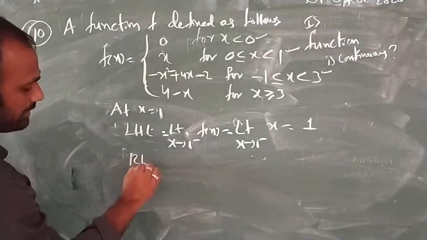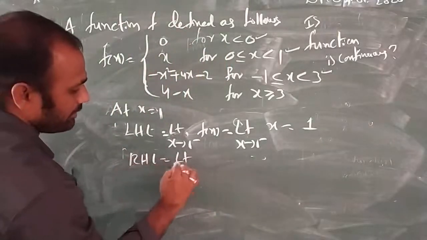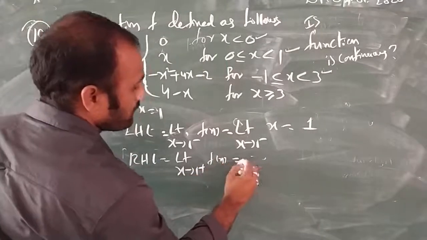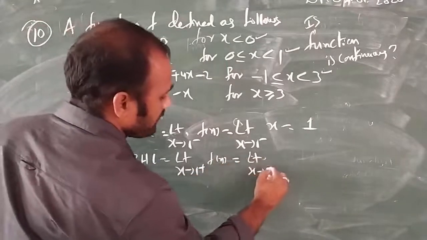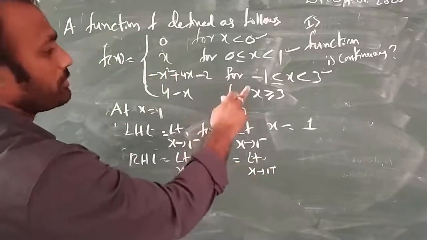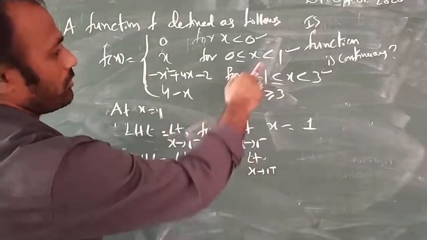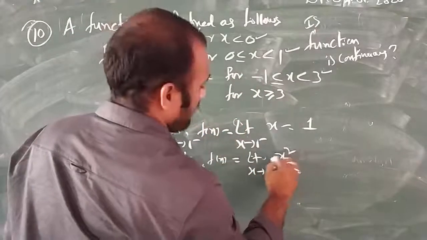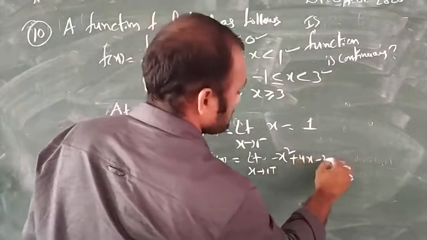Right hand limit next, that is limit x tends to 1 plus f of x. That is more than 1, so we take the value minus x square plus 4x minus 2.